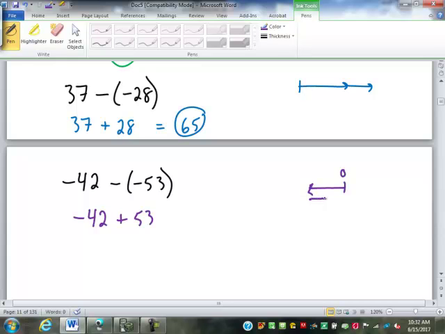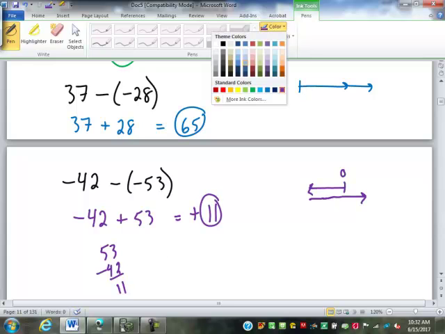Opposite. Longer or shorter? Longer. So it goes past 0. Tells us we're going to end up on the positive side. And the vectors go opposite directions, which means it's the difference in the magnitudes. So I just take the larger magnitude minus the smaller one. 53 minus 42 is 11. So it's a positive 11.